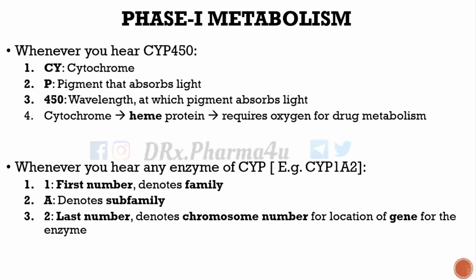For example, if it is CYP3A4, 3 is the first number which denotes the family, A is the subfamily, and 4 is the last number, which is the chromosome number for the location of the gene for that enzyme. So this is the meaning of cytochrome P450 and the different cytochrome enzymes.